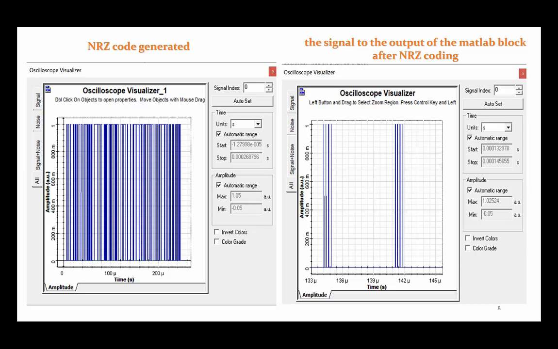In this slide, we see the NRZ coding at the transmitter level. At the left, we can see the NRZ code generated, while the figure at the right shows the signal after NRZ coding. Mind you that our signal is generated by a MATLAB block in combination with OptiSystem.